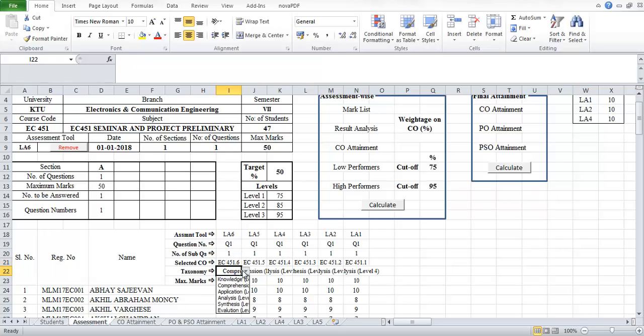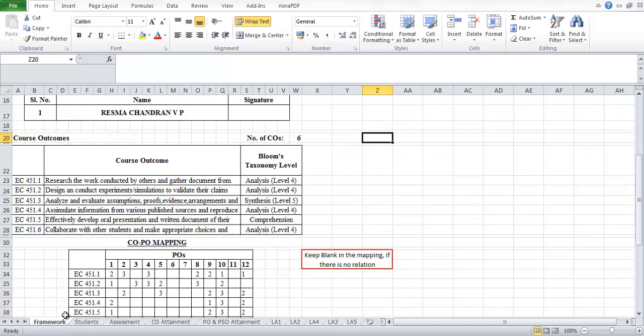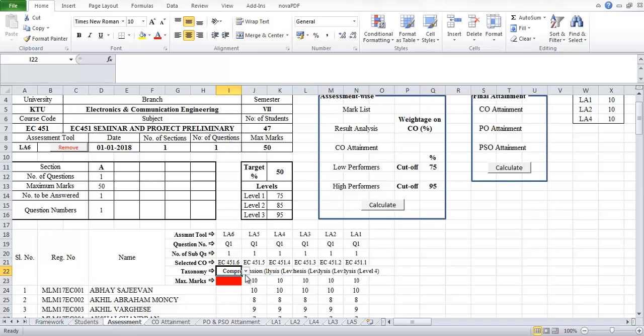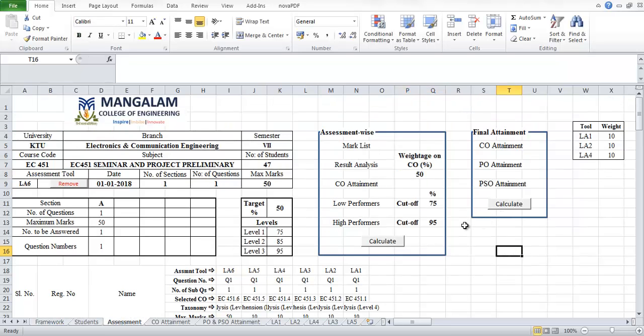Taxonomy is, if you remember from the framework, the last was again level 4. So level 4 analysis, maximum mark is 50. Now out of 50, again I will keep the target levels and all the same, but the weightage of the CO is going to be 50 here, because that was for project.